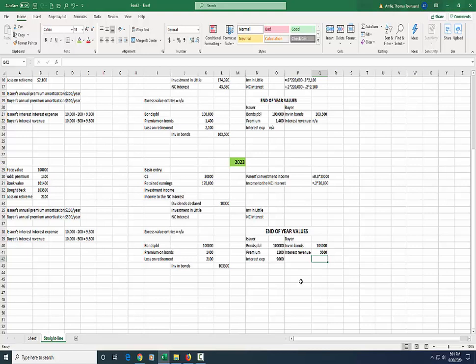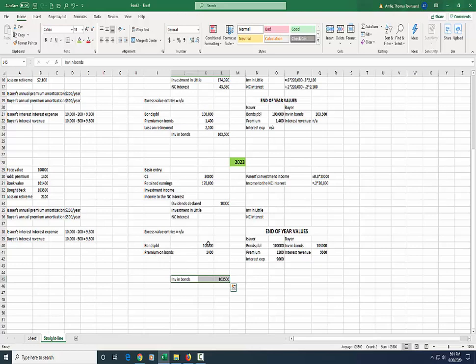We put a $2,100 loss on the income statement, and we're going to go ahead and undo that at the rate of $300 per year over the remaining 7 years of the bond's life. That $300 per year is going to show up as the discrepancy between the interest revenue and interest expense being recognized. In any event, let's go ahead and do what we need to do here.